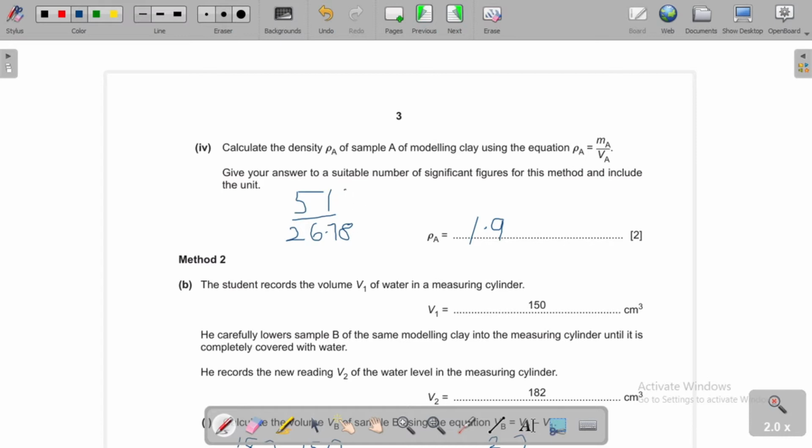The mass is in grams and the volume is in cm cubed, cm raised to the power of 3.